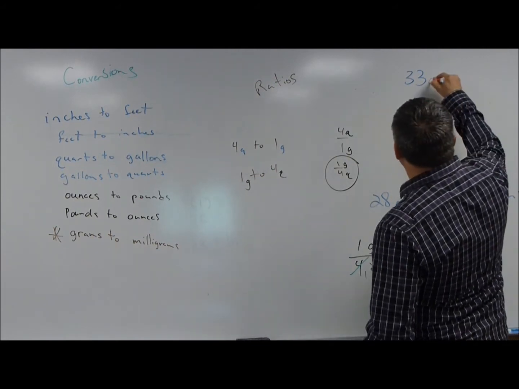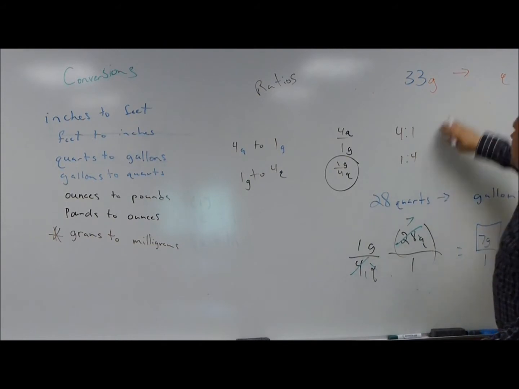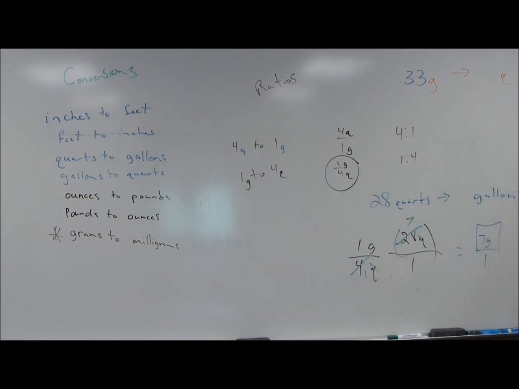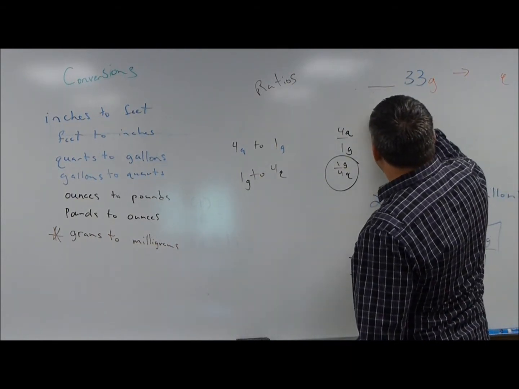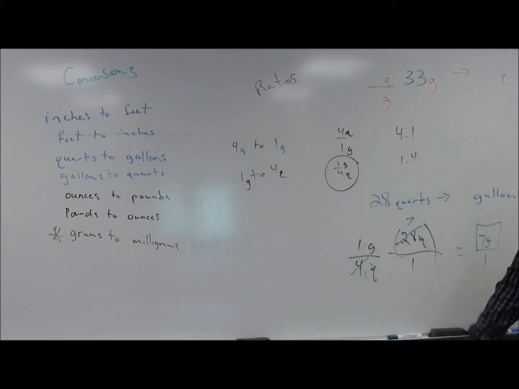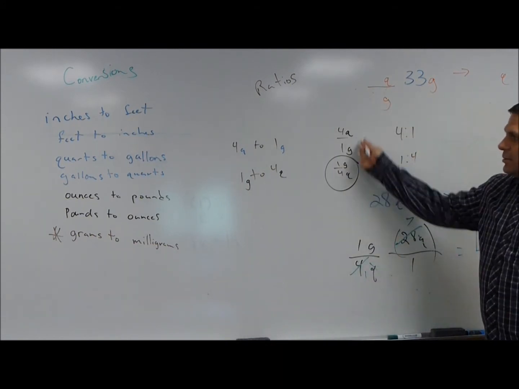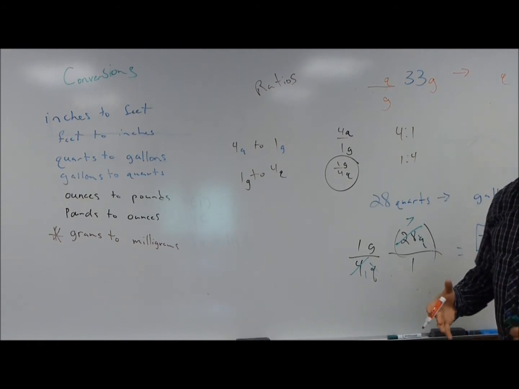So we got 33 gallons, and I want to go to quarts. So which ratio do I need? I need something to multiply this with that has gallons on the bottom and quarts on top. So which ratio has gallons on the bottom and quarts on top?